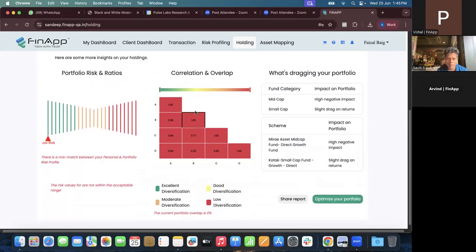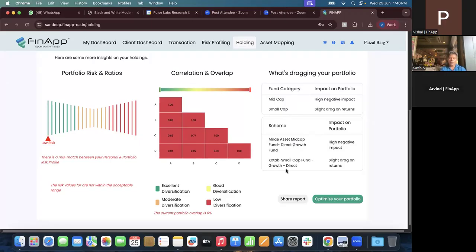This is the small gist of overlapping of portfolios. What is dragging your portfolio? Mid cap, small cap schemes. In this particular case, we will not take it as a recommendation, but just objectively data-based, giving you an analysis of the portfolio which I have uploaded.